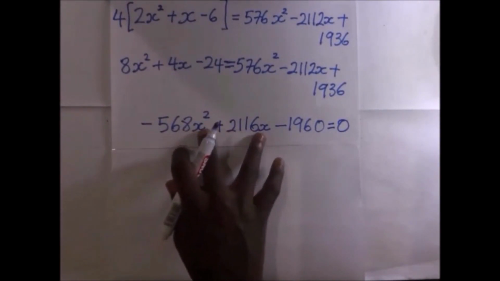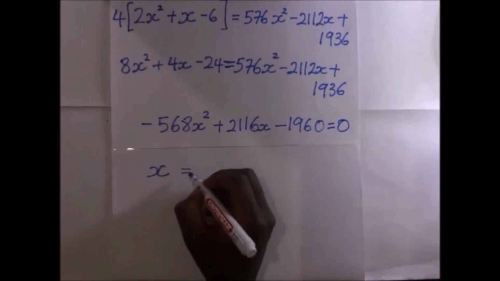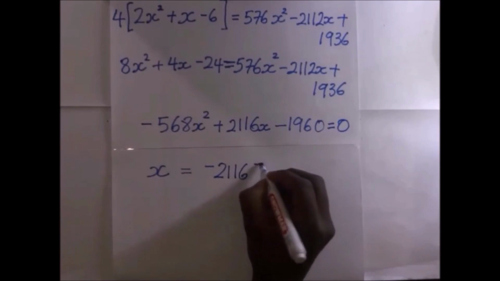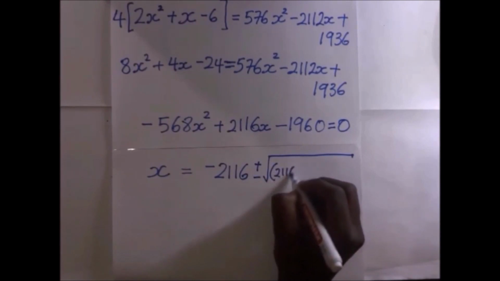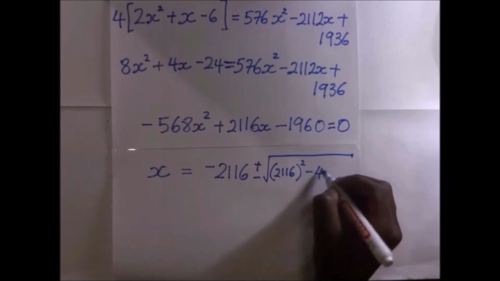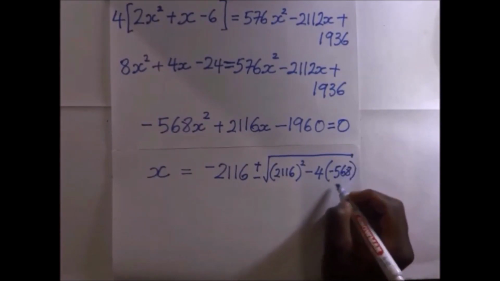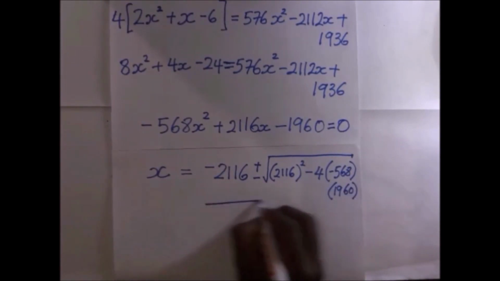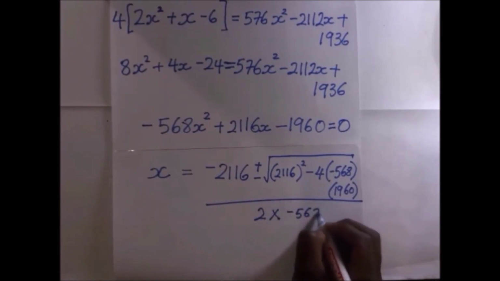So we solve for that quadratic equation to get the values of x. If we use what we call the bulldozer method, the value of x is going to be minus 2116 plus or minus the square root of 2116 squared minus 4ab, 4 times our value of a, which is minus 568, times 960, divide all that by 2 times negative 568.